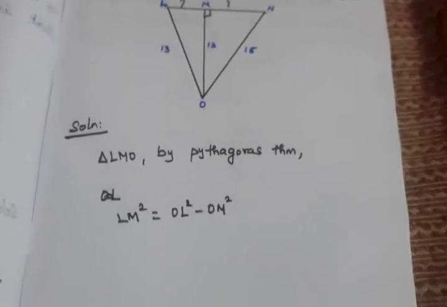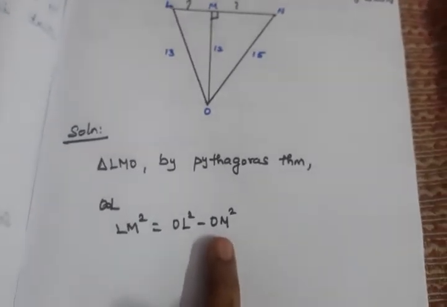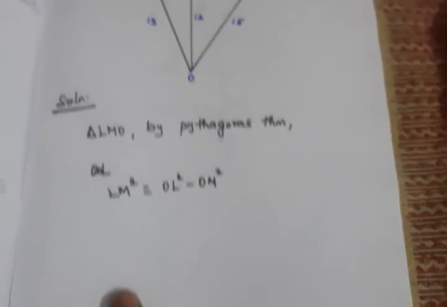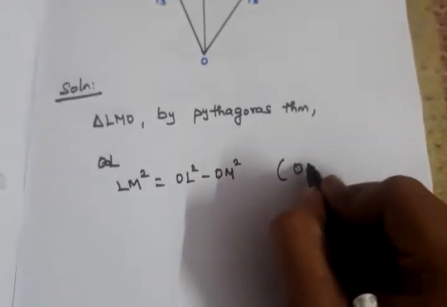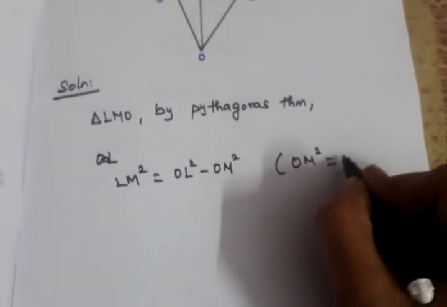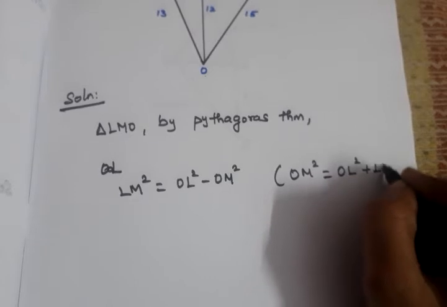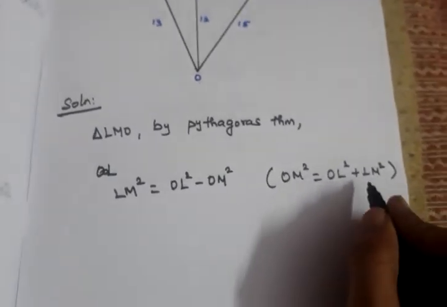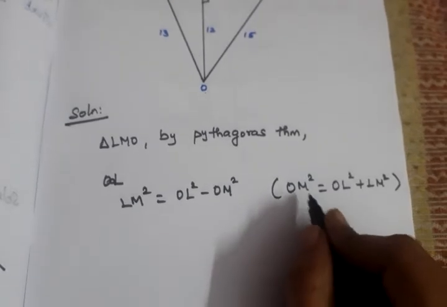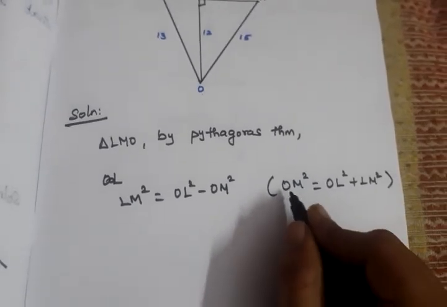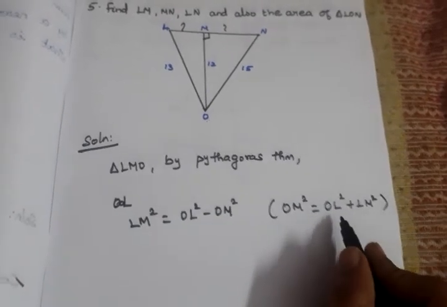How? Already by Pythagoras theorem, OM square equals OL square plus LM square. Okay. So, OM square equal to OL.